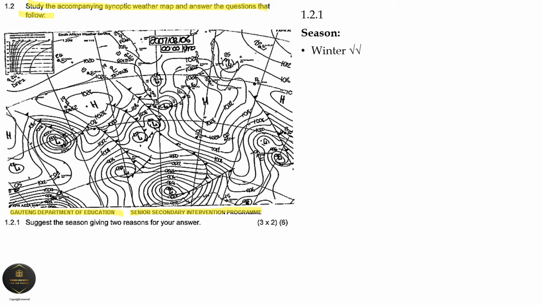So we have to study the diagram before we look at the questions, of course. Now if you look at the diagram, we have your isobars and all of that, but what we are more interested in is your mid-latitude cyclone, because that's the topic we are doing. So we have a lot of mid-latitude cyclones. There is one here, another there, another there. So that's what we have.